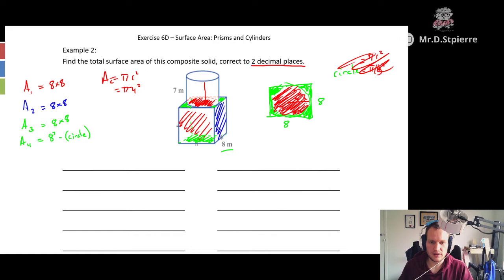So this whole section at the top, this combo, and I don't want to use AT because we normally use that for total, let's call it lid, L. So we'll go AL is still equal to just 8 times 8. Call this bit AL.